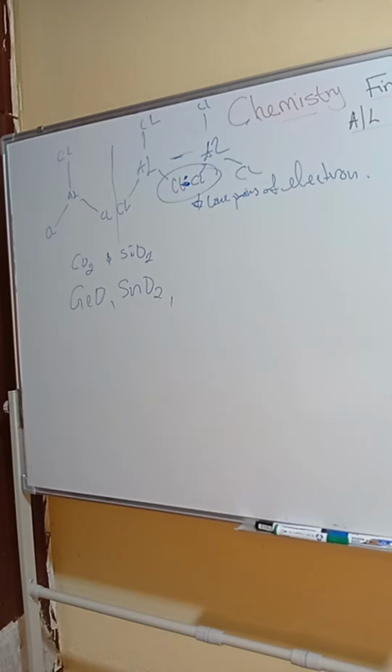PbO, lead monoxide, is an amphoteric compound. If you don't understand what amphoteric compounds are, ask. Don't go tomorrow because you want to cram and say you forgot what your teacher put on the board. Okay, let us go.